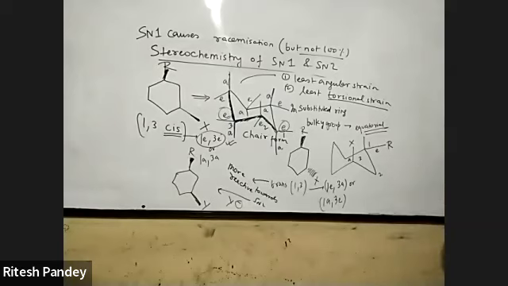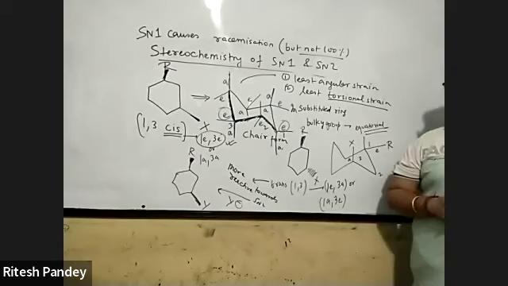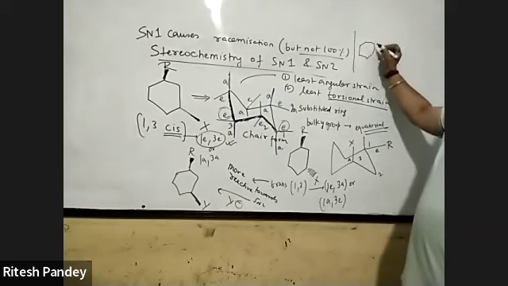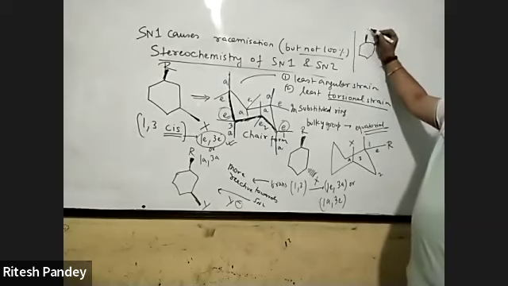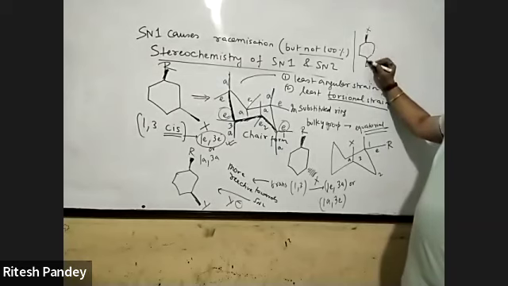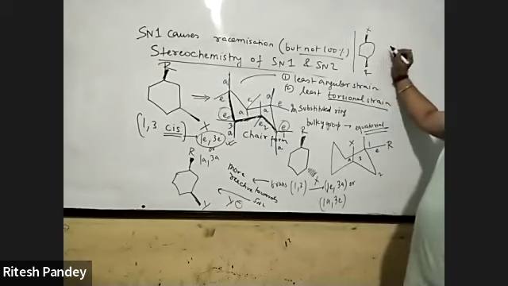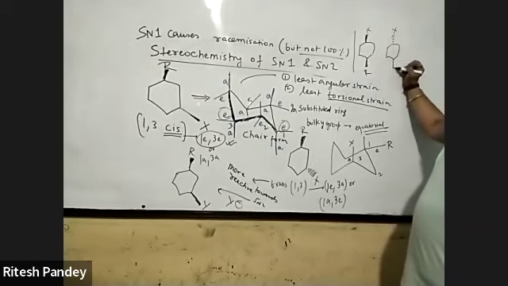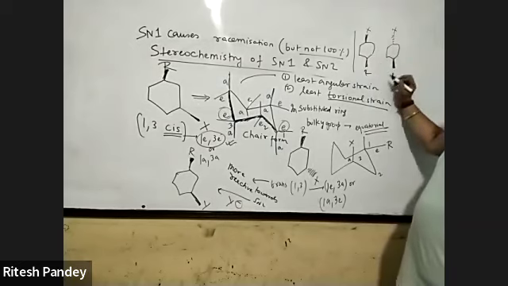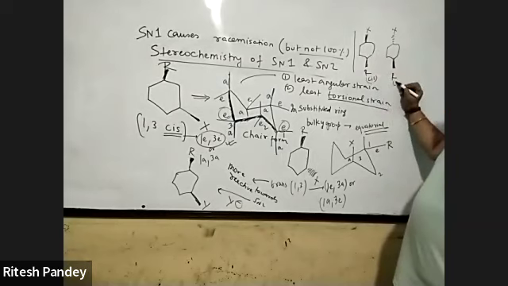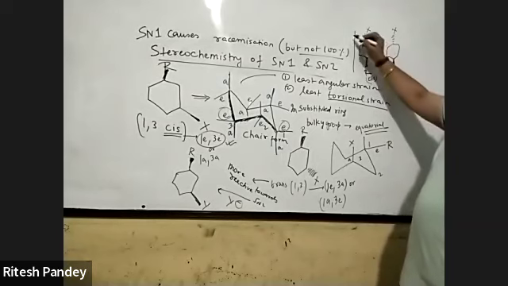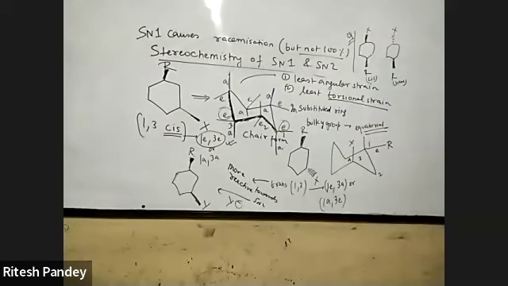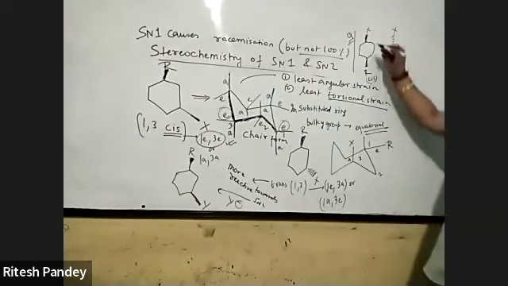What do you think for say a 1-4 form? Cis, trans, which is more reactive towards Sn2? It is 1-4, this is 1-4.